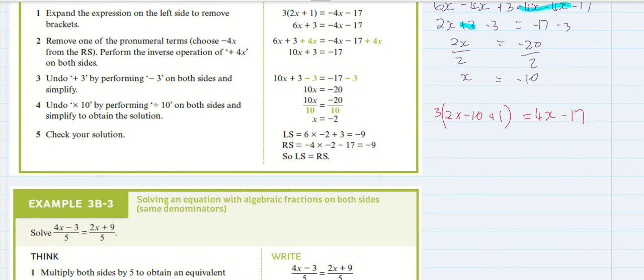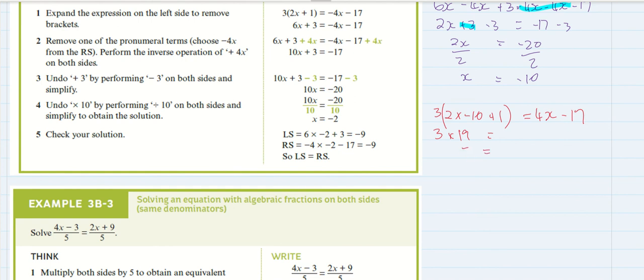So let's now do, well, 2 times negative 10 is negative 20. Negative 20 plus 1 is negative 19. Well, 3 times 19, well, 3 20s are what? 60, so 60 take 3 has got to be 57.